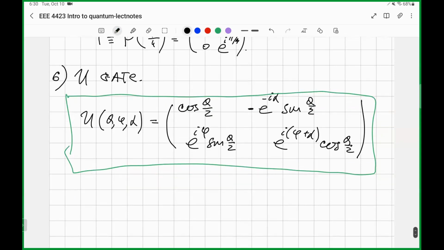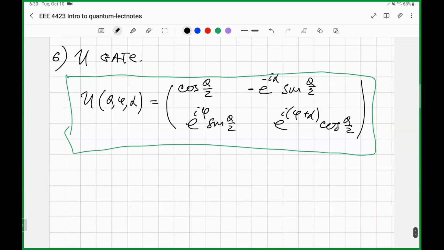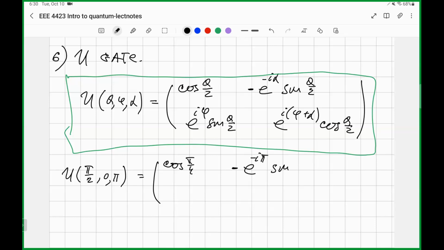For example, if you take the U gate with parameters pi over 2, 0, and pi, you will get what? Let's substitute for theta pi over 2, so it's going to be cosine pi over 4. Then phi is equal to 0, so the top right is minus e to the power of minus i pi sine pi over 4.